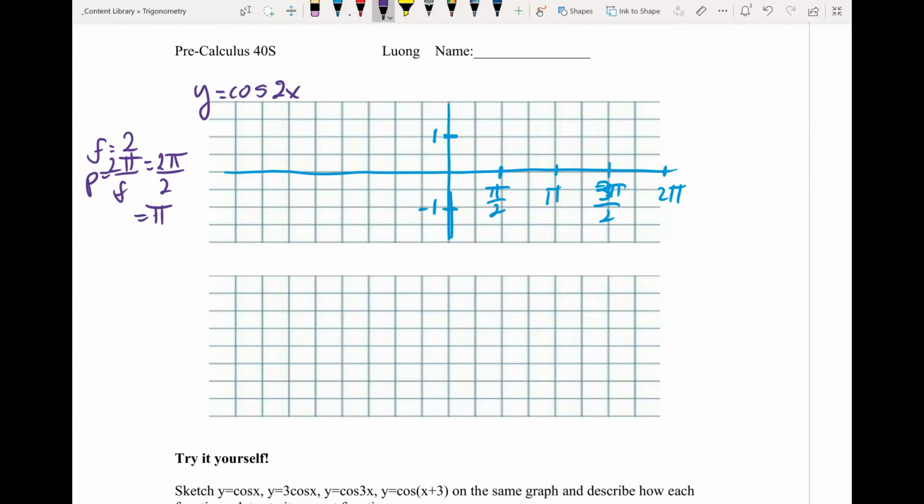Okay, so before when we drew our graph, we would start here, and we can still start here. But when I finished at 2 pi, it went down and back up by 2 pi because our period was 2 pi. In this case, our period is pi, so it needs to start and end at pi. So I'm going to start in my original place, but I'm going to compress it so I end the entire pattern by pi.